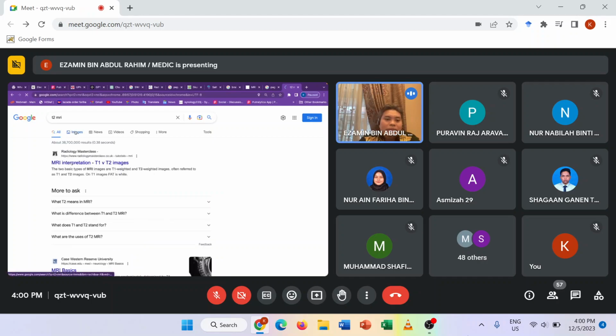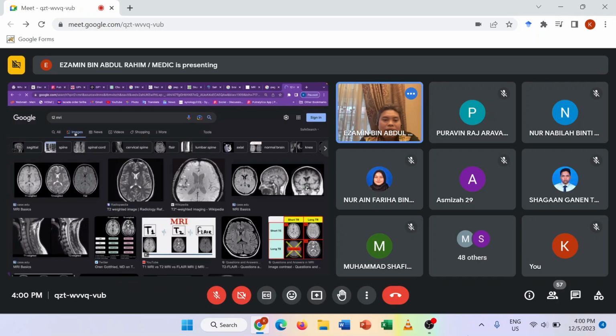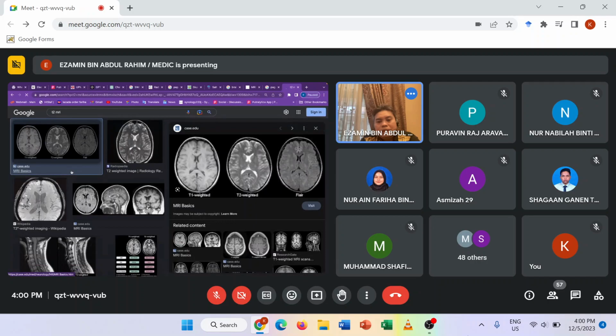Okay, I promised to show you MRI T2. I think you can see now, right? This one T1, this one T2. Okay, in T2, CSF is bright. In T1, the grey matter on the outside is grey, white matter is white. And then FLAIR is inverted, the inversion recovery.